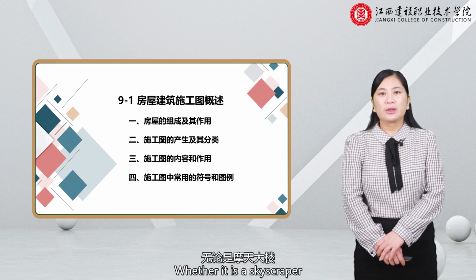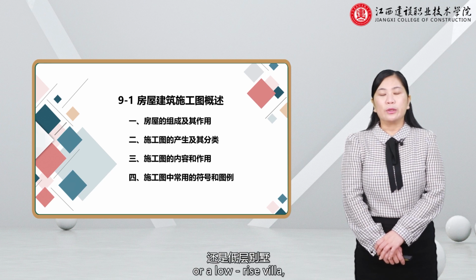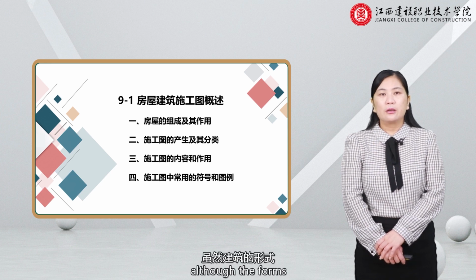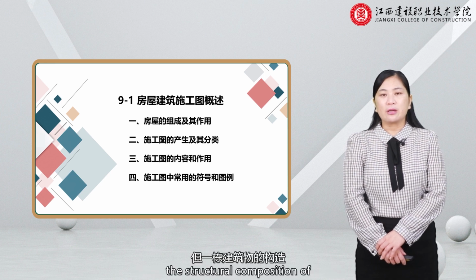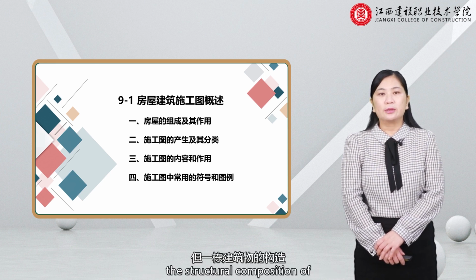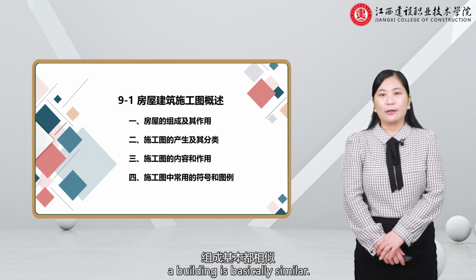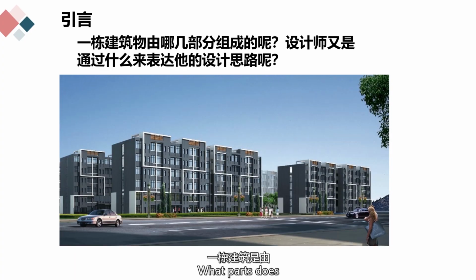Whether it is a skyscraper or a low-rise villa, although the forms and volumes of the buildings are different, the structural composition of a building is basically similar. What parts does a building consist of, and how does a designer express his design thinking?